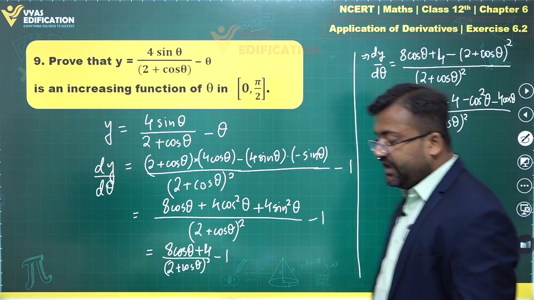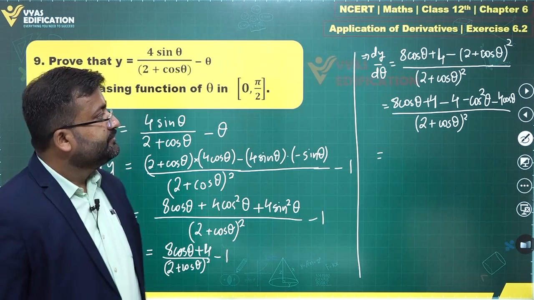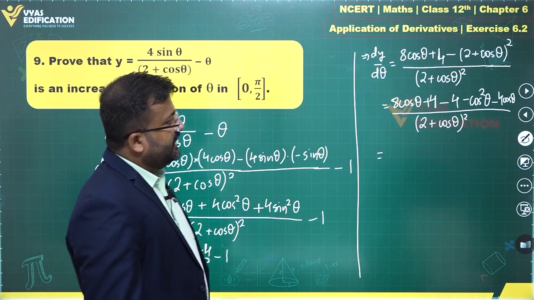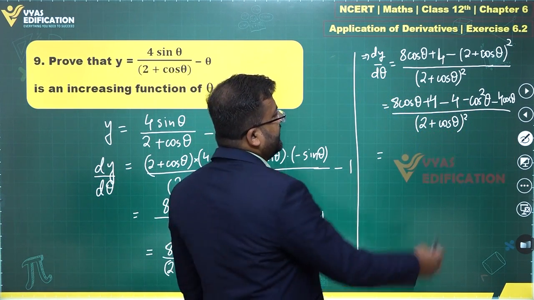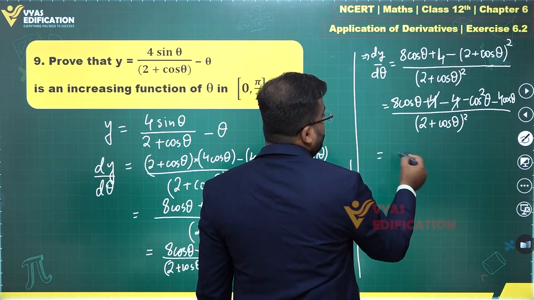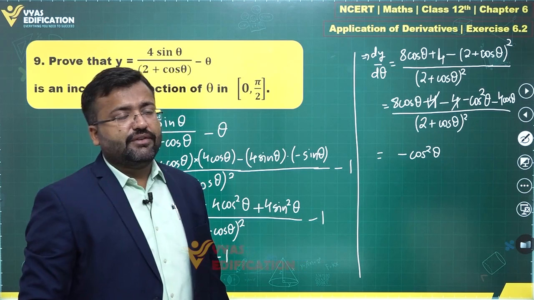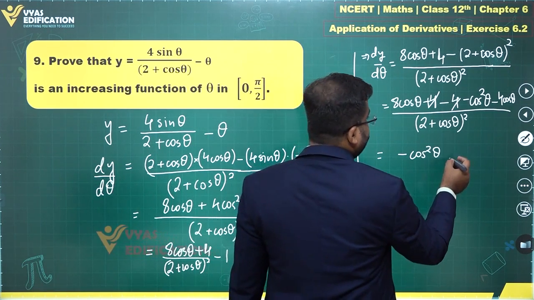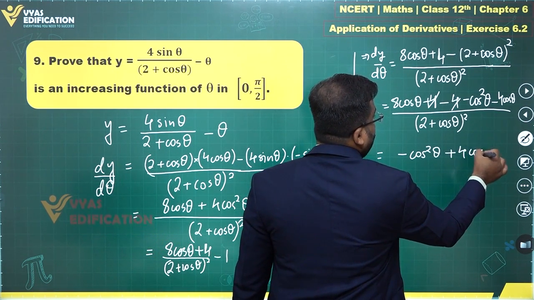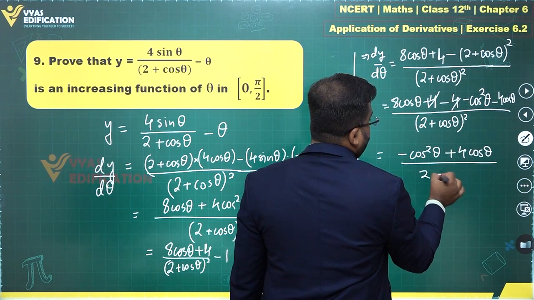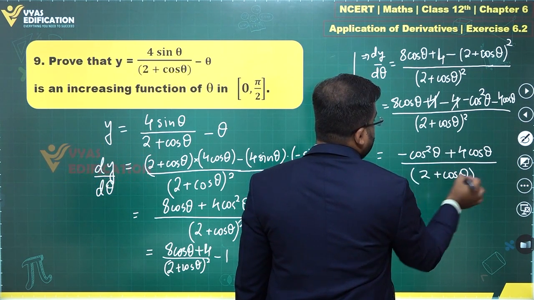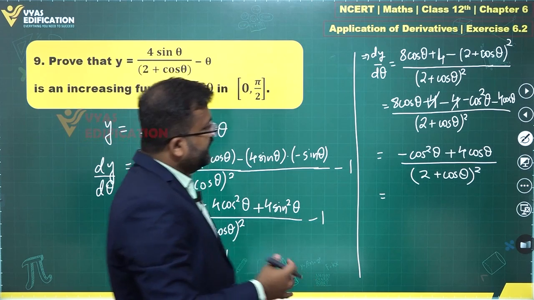Now let's see the numerator and analyze it. You have minus cos square theta, and your 4 minus 4 is gone. Minus cos square theta, and what else? 8 cos theta minus 4 cos theta, so this becomes 4 cos theta. 2 plus cos theta squared is also there. Can you take out something common?